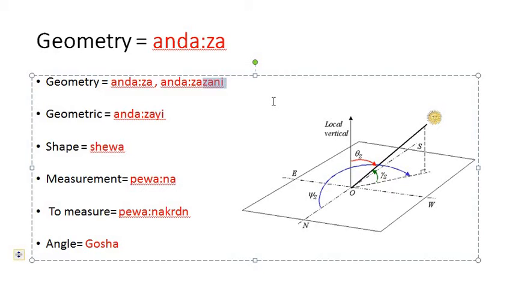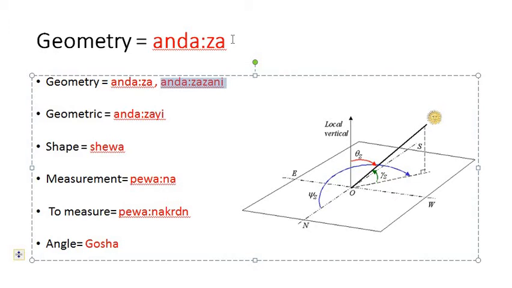It's also a noun, means learning or science. Actually, it means to know. So andaza and andazazani means geometry or geometric studies.